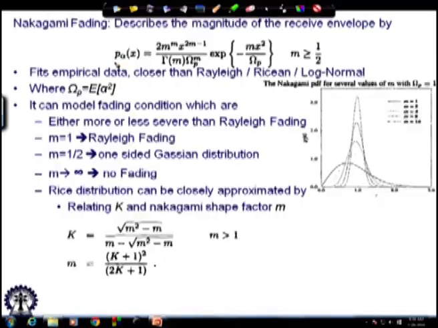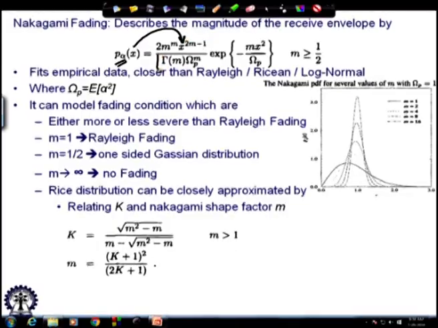P of alpha, where alpha is the mod of H, that is the envelope, is 2 m to the power of m, x to the power of 2m minus 1, divided by the gamma function of m, omega p, where omega p is the power of the received signal, times e to the power of minus m x squared by omega p, for m greater than half. With this one could describe different distributions, whether Rayleigh or Rician, by choosing appropriate values of m, and that is one important reason why Nakagami m is very important.